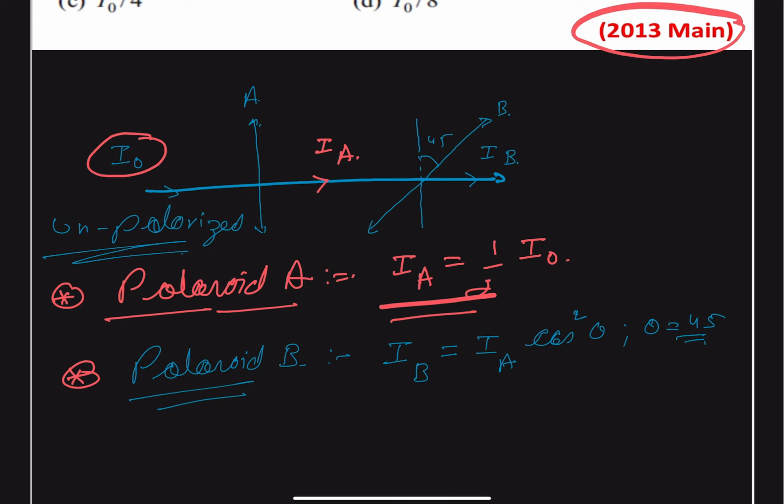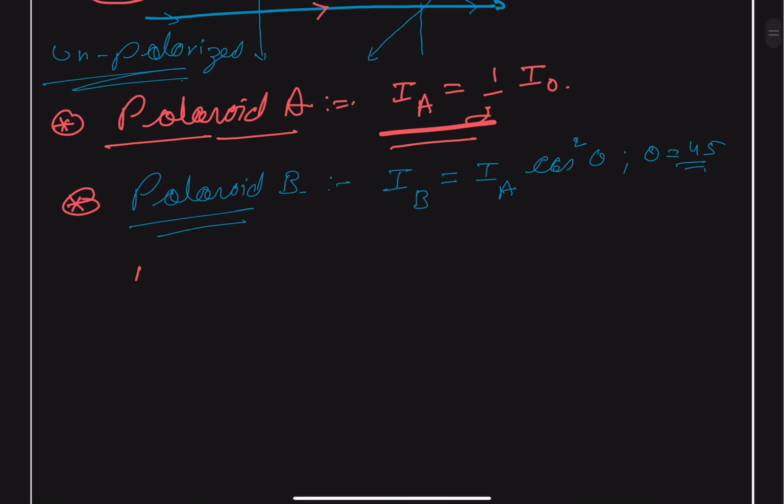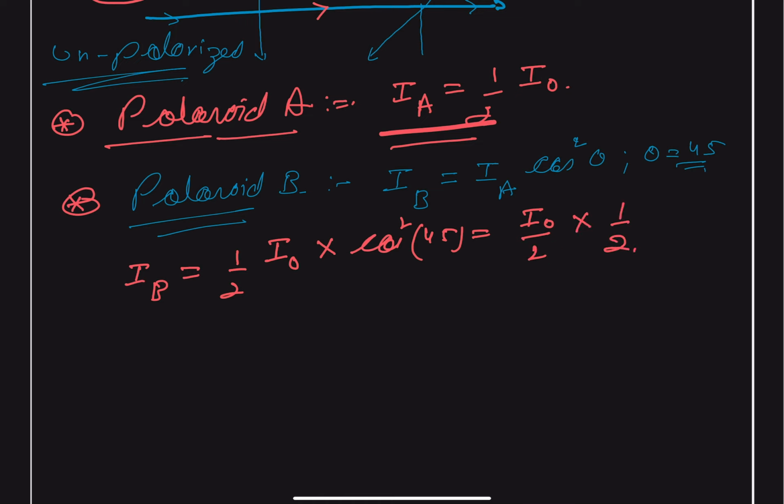Substituting the values, IB is equal to half of I naught multiplied by cos square of 45, which gives I naught by 2 multiplied by 1 by 2, and this comes as IB equal to I naught by 4.